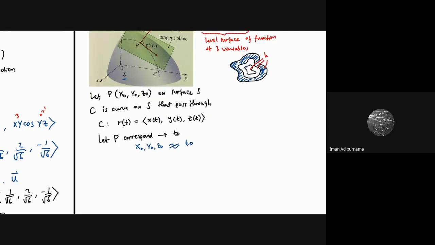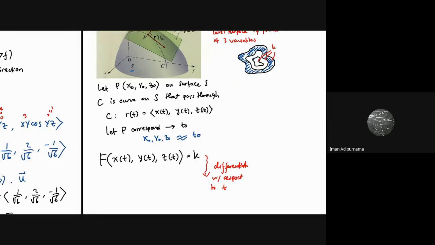And then we can write, because C is also on the surface, we can write the function F(x(t), y(t), z(t)) equal to k, and then we differentiate with respect to t, or let me take this as partial differentiation with respect to t, like that.